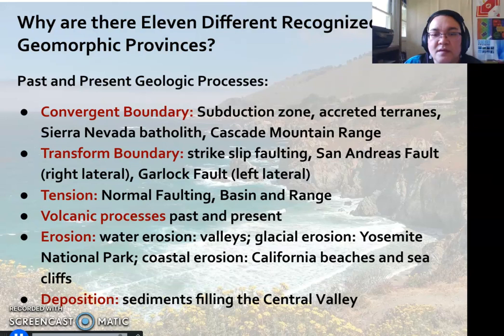Lastly, erosion, including water and glacial erosion, as well as deposition, accounts for the sediments filling up the Central Valley. These are the last two geologic processes that are the primary reasons why these geomorphic provinces are different.